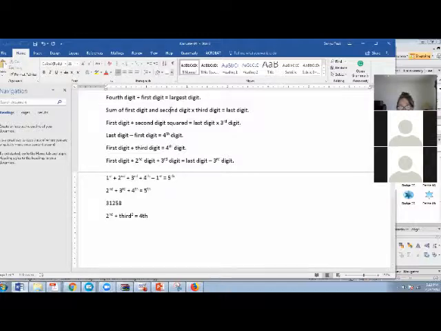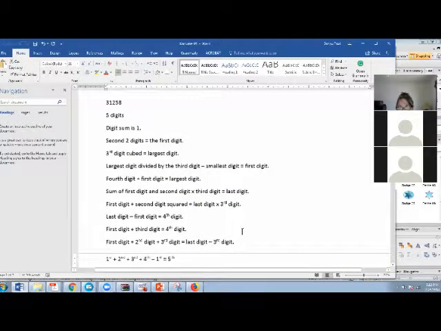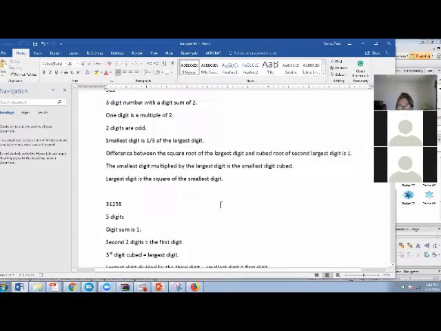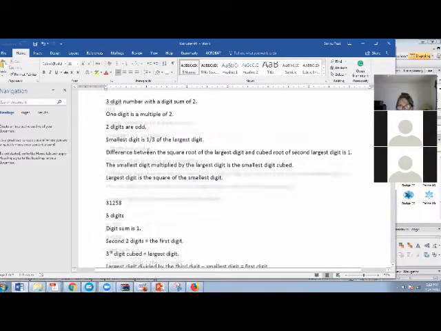I think that one might be helpful, since we already have one about the first. The second plus the third squared. Okay, I need to. No, okay, forget about that one. It was up here, somewhere up here.